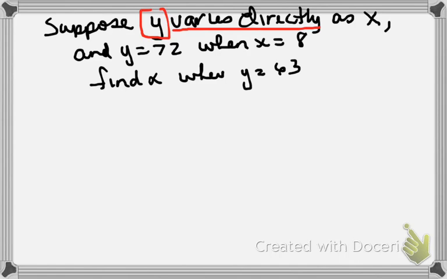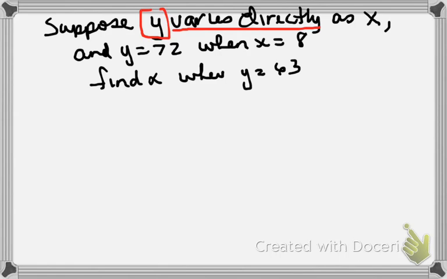They could say gas varies directly to miles, and so you would put the gas for y, and the miles would be your x value. Whatever is in front of varies directly will be your y, and whatever's in the back of that will be your x value.